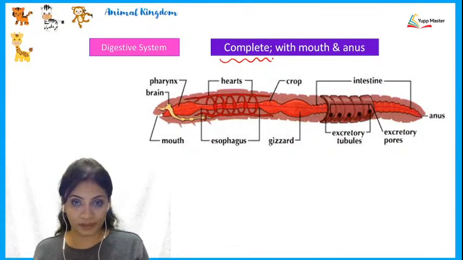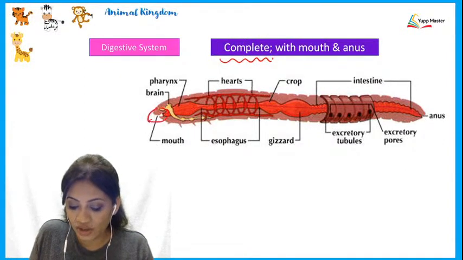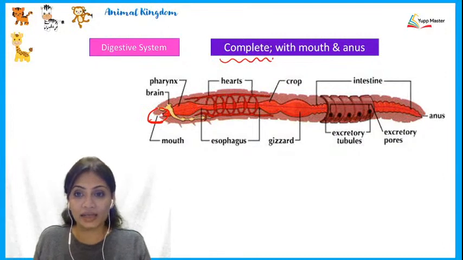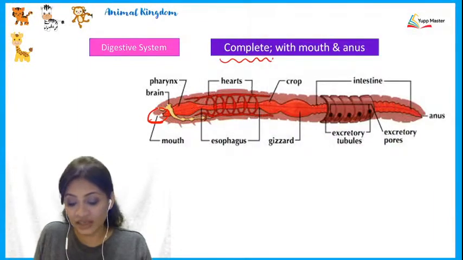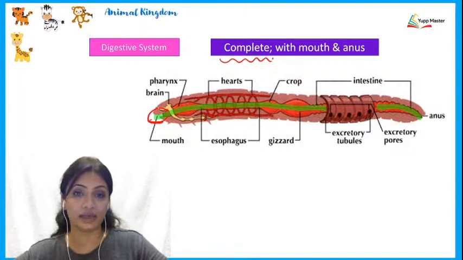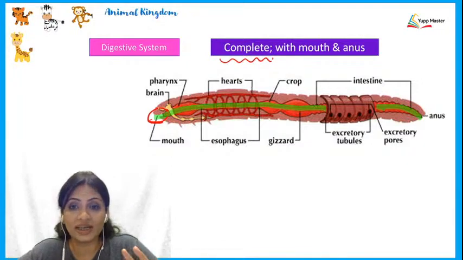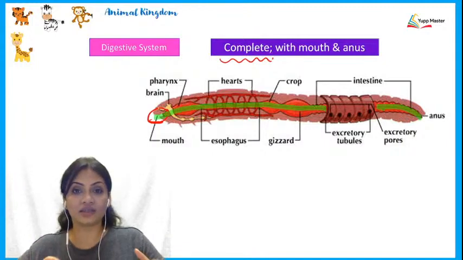Look at the diagram given below, where this region here is the mouth, and look at the exact opposite end. You can see how they have indicated the mouth opening, the pharynx, leading towards the crop, the gizzard, the intestine, and finally the anus. Because there is a mouth and an anus at opposite ends, we can say that the digestive system is complete.